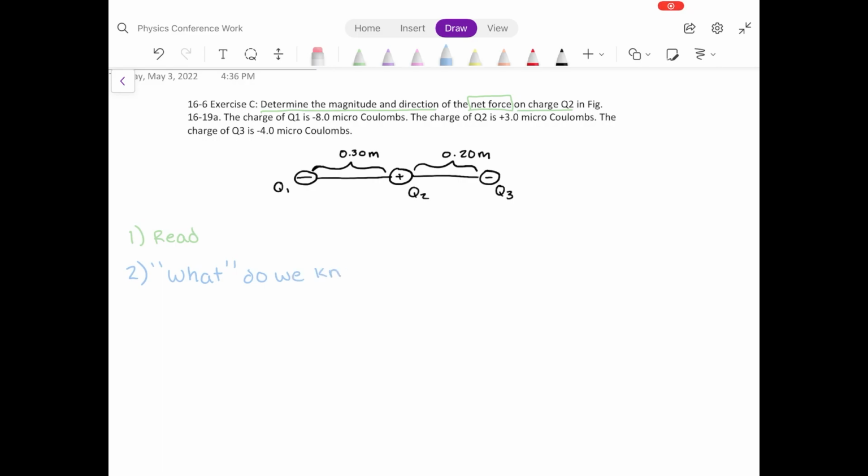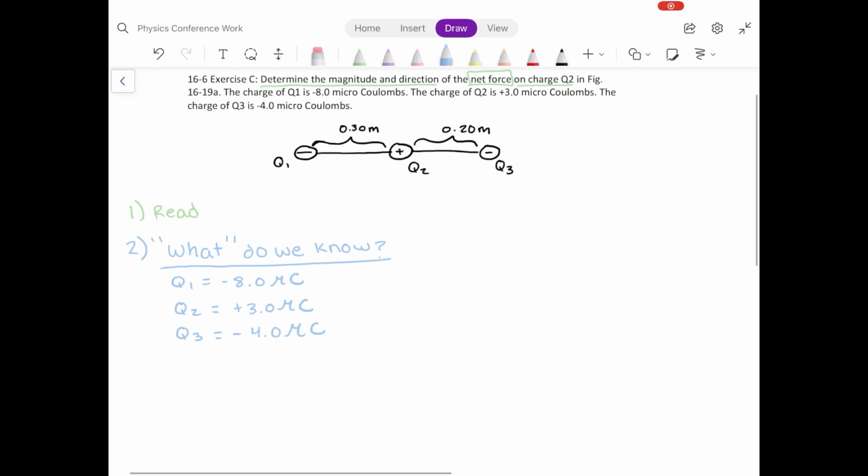Our second step is to identify the what. So what do we already know? And what are we trying to find? Let's start with the what do we know. If we continue reading the question, we know that the charge of Q1 is negative 8 microcoulombs. The charge of Q2 is positive 3 microcoulombs. And the charge of Q3 is negative 4 microcoulombs.